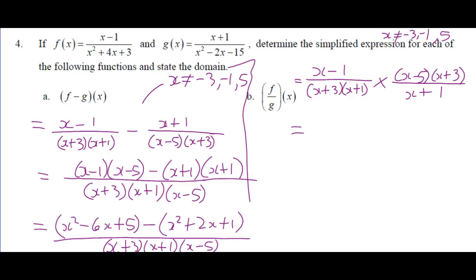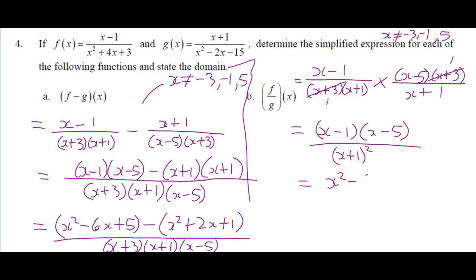So, now what? Well, we could cross off an x plus 3. And that's about it. Suppose we can write that as an x plus 1 quantity squared. And we can multiply this out.